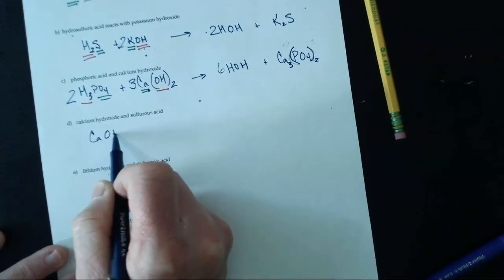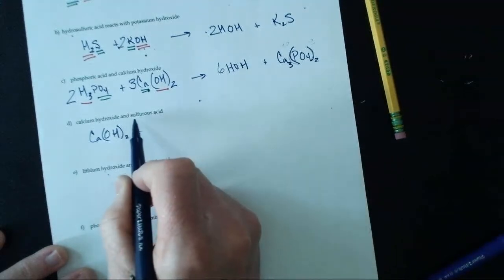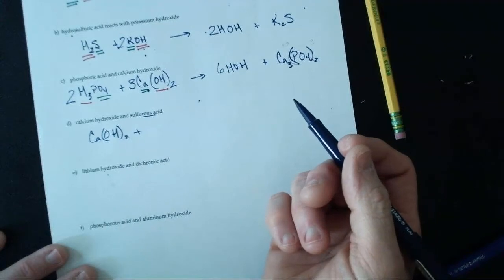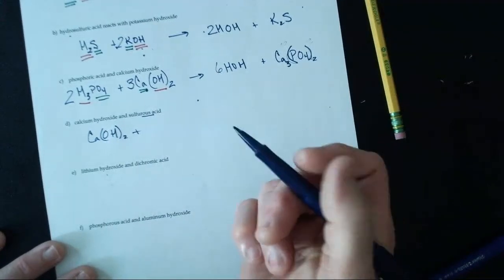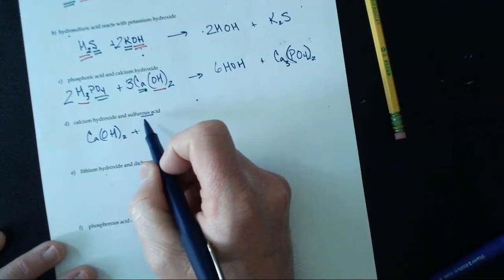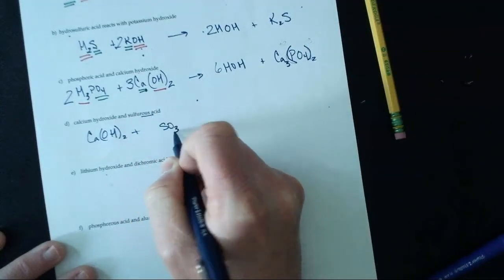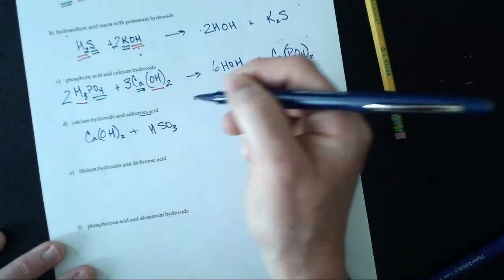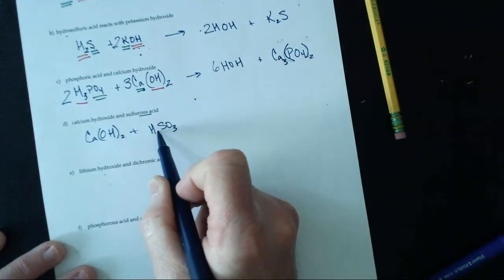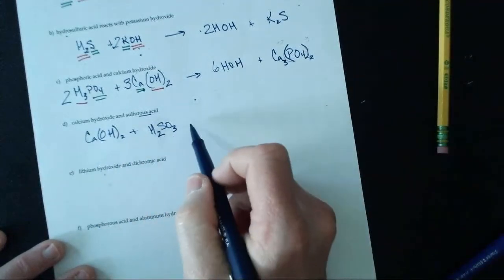Calcium hydroxide plus sulfurous acid. Well, if it's sulfurous, then that would have been sulfite. So I've got to have sulfite, which is SO3. There's my H. Sulfite has a -2 charge, so I put a 2 here. So there's my acid and my base.